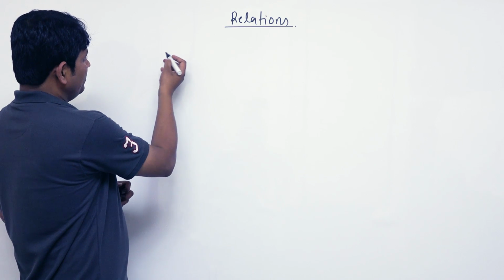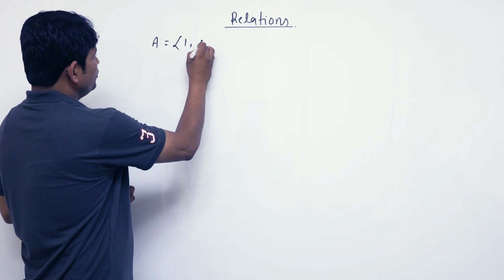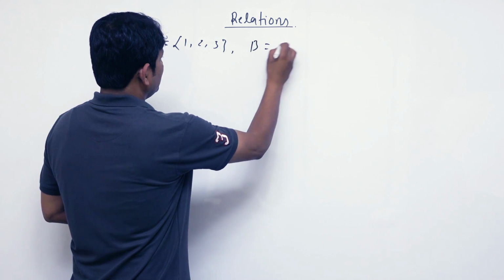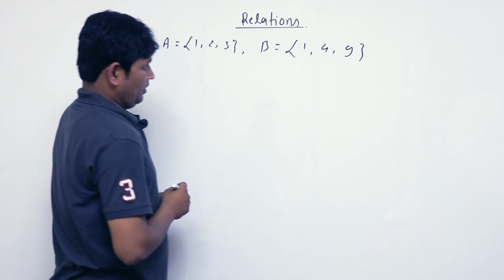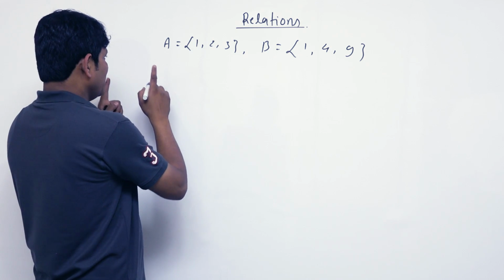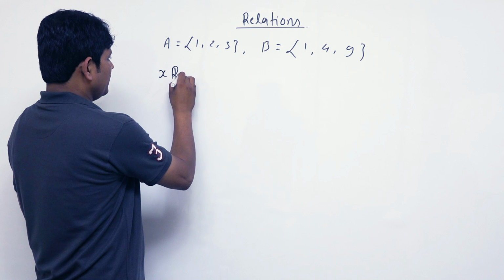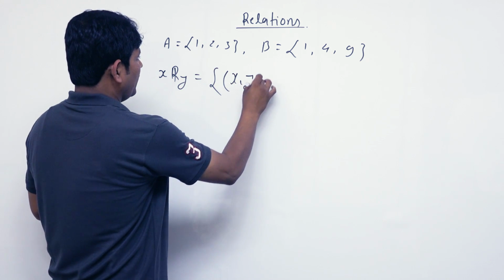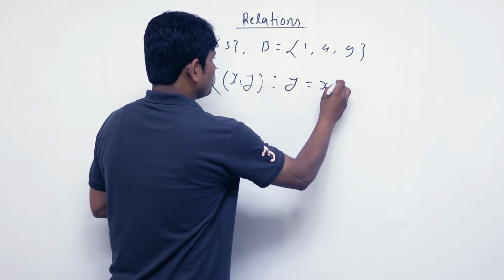Let's take one example. Suppose I take A as 1, 2, 3 and B as 1, 4 and 9. The relation is given like that: X script R related to Y is written as X, Y such that Y is equal to X square.